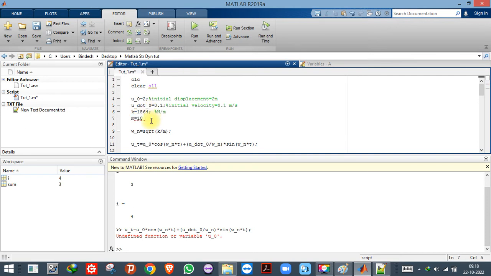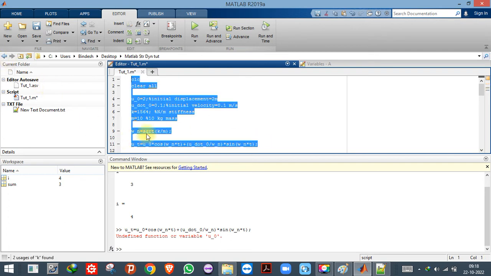Always keep SI units. 10 kg mass, and this is stiffness. Okay, so now all the values are defined.